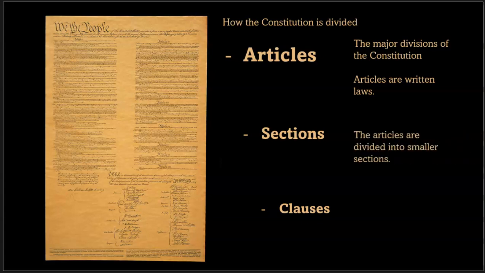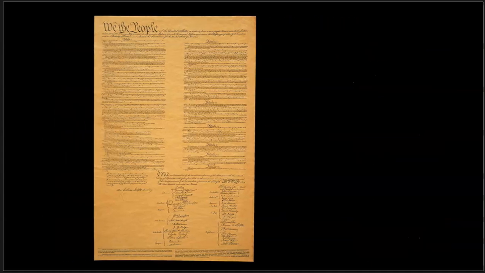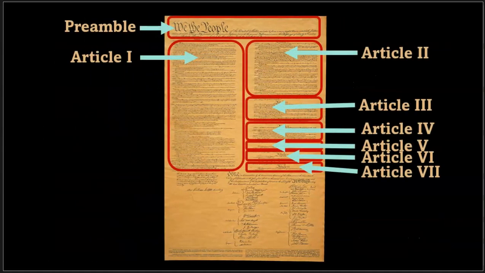Those articles are then divided into smaller sections, and the sections are divided in smaller clauses. So you've got articles, sections, and clauses. 7 articles. The articles are divided into sections, and then the individual things in the sections are the clauses. So that's how the Constitution is divided, and let's talk about those different things.